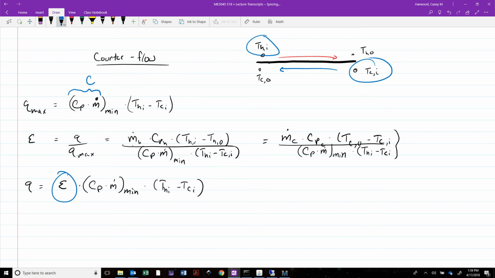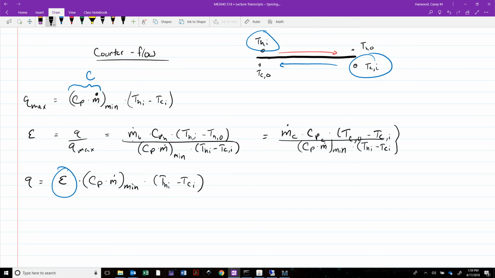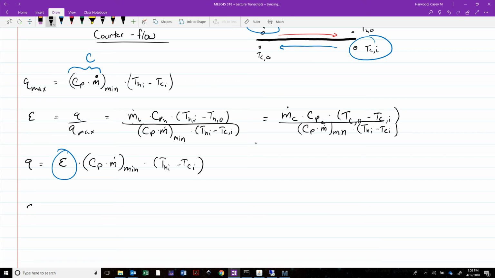So if we went through all the literature and the history of analysis of heat exchangers, what we would find is that people have determined, through dimensional analysis and the like, that epsilon is effectively a function of two parameters.